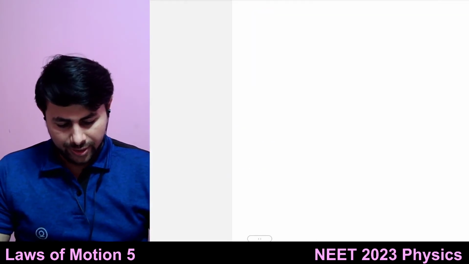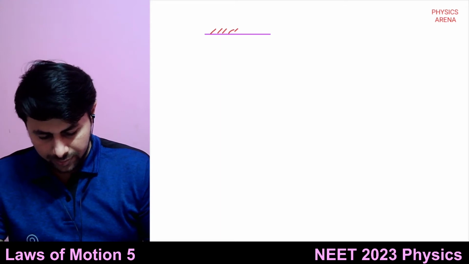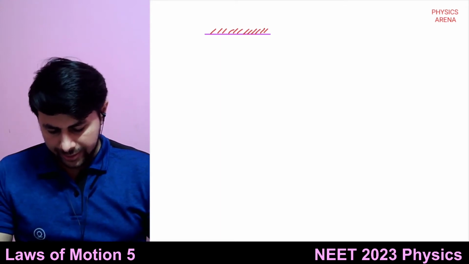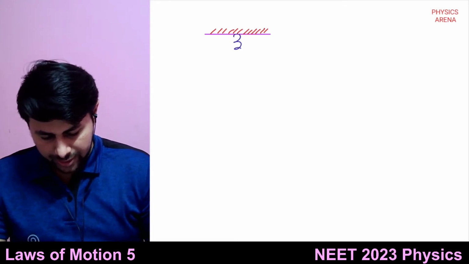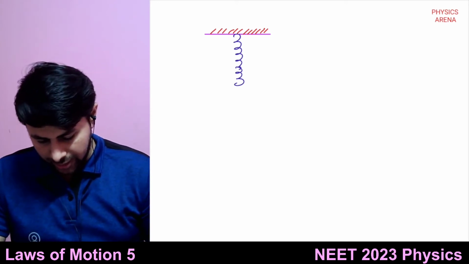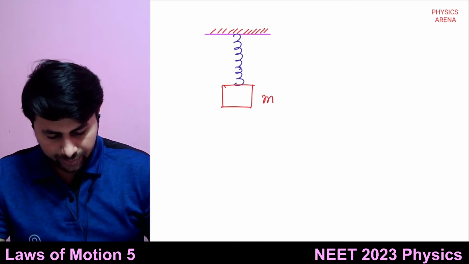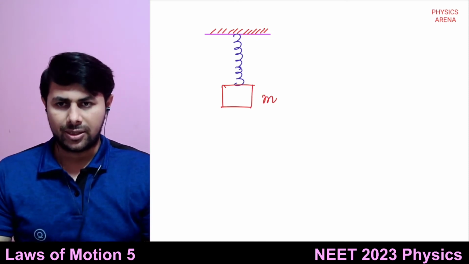All right. So now let's suppose we have this rigid support and there is a spring connected to the rigid support, and we connect a mass M to the other end of the spring.